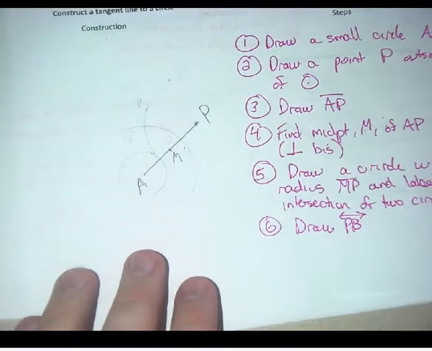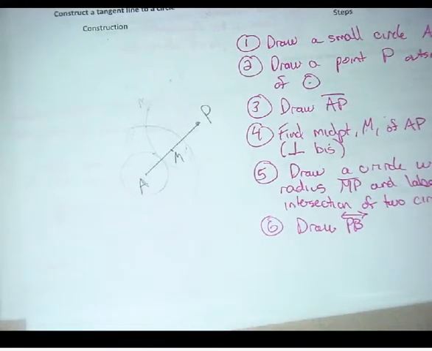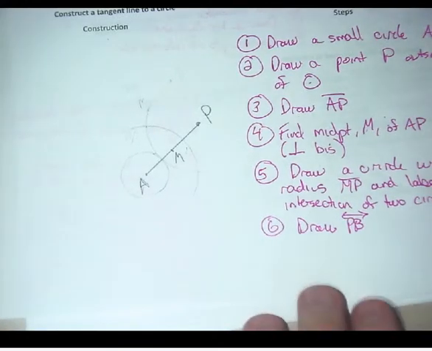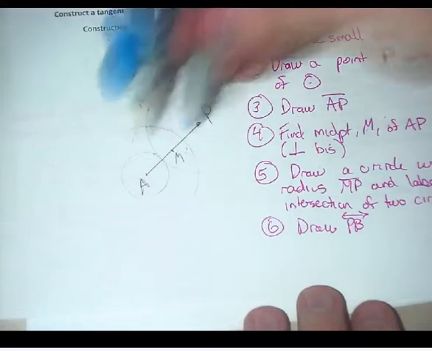And now I'm going to draw a circle with the radius of MP from M, and I'm going to see where it intersects the other circle.